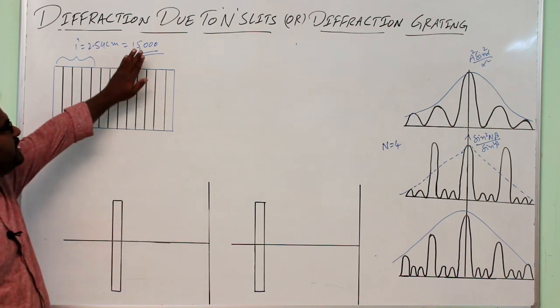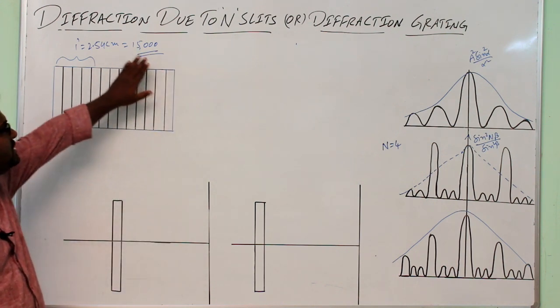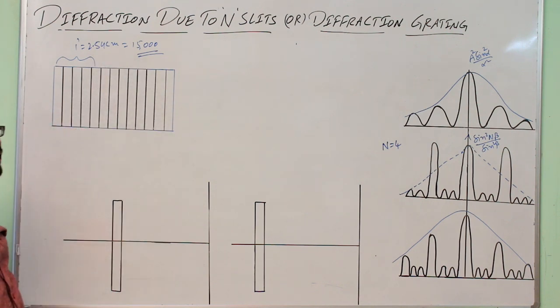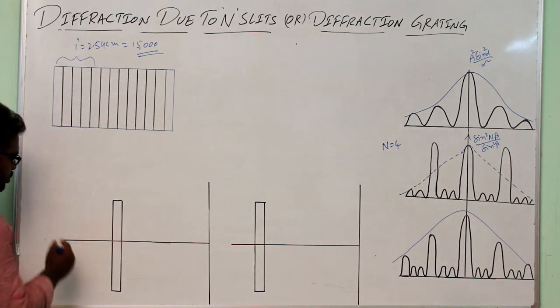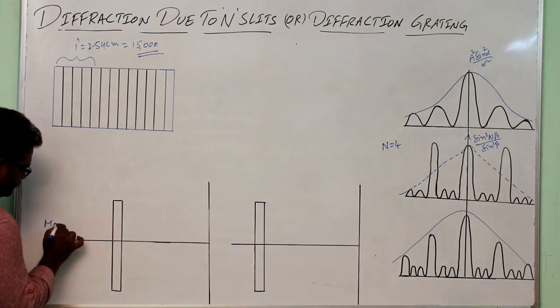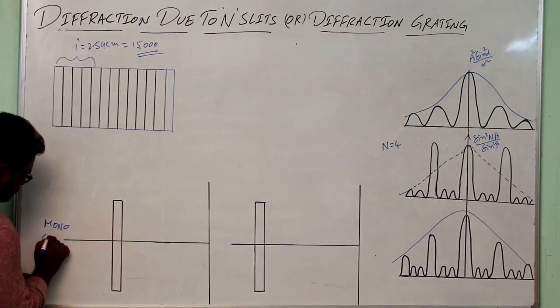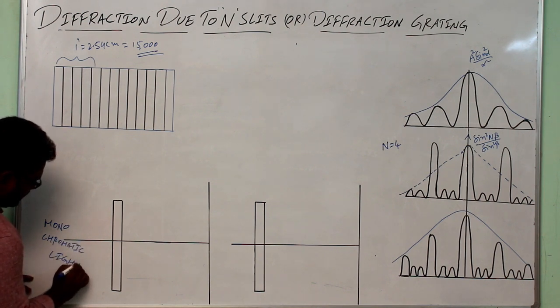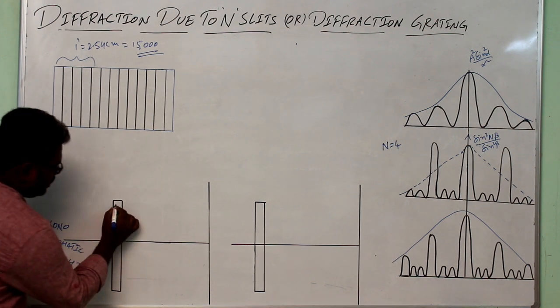Since n is around 30,000, when light is incident on the grating, you can have orders. Suppose a monochromatic light, such as a sodium vapor lamp, is incident on a grating.